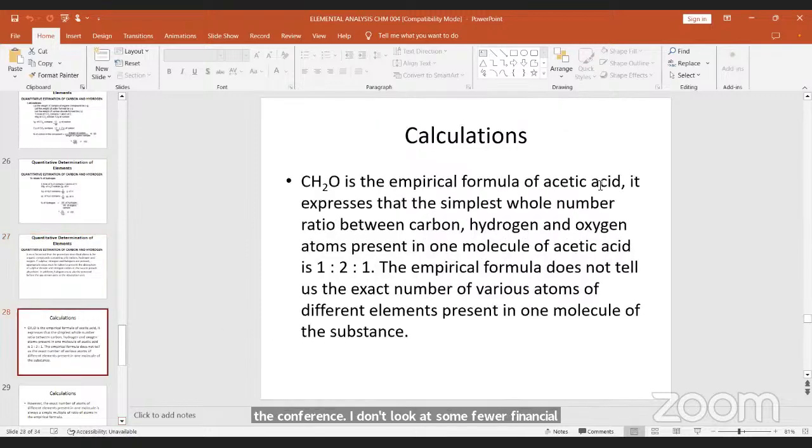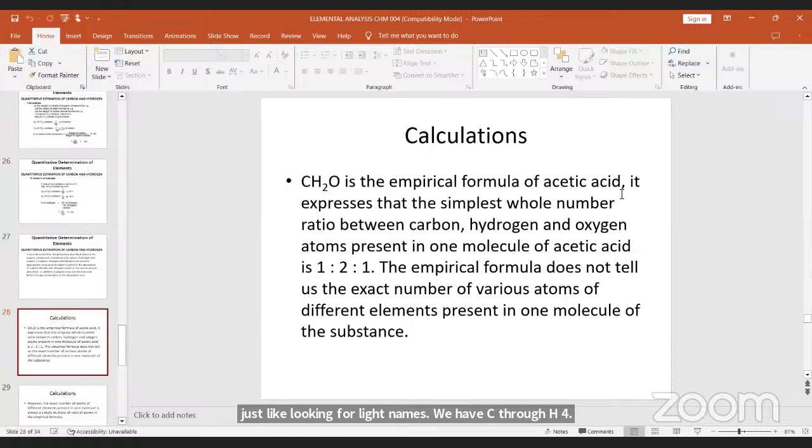CH2O is the empirical formula of acetic acid. Now, you agree with me that the formula for acetic acid is CH3COOH, is it not? If you group all the elements together, just like looking for like terms, we have C2H4O2, is it not?